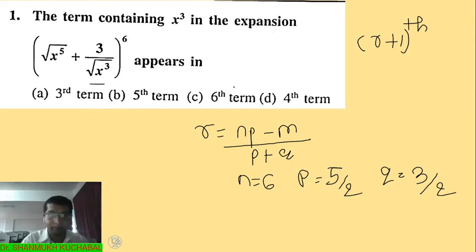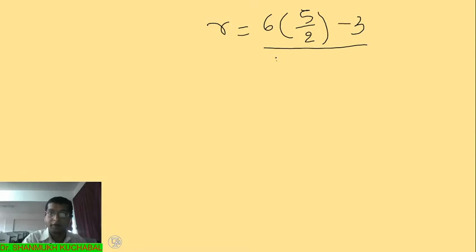And m: here we need to find the x cube coefficient, so I take m = 3. These values we substitute in the r formula, so we get r = (6 × 5/2 - 3)/(5/2 + 3/2). Further we need to simplify.